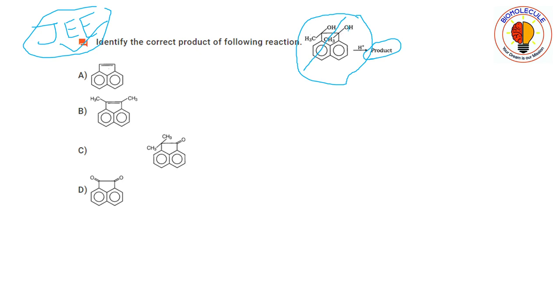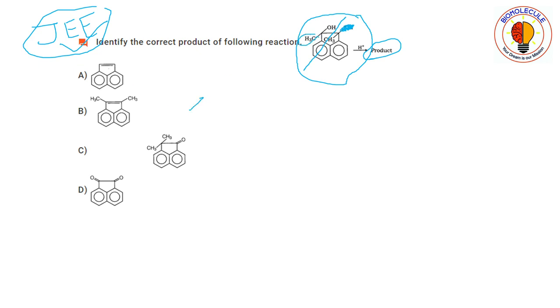So let us remove from this oxygen, this carbon, this OH is removed. Okay, so now over this, which one will preferentially migrate?